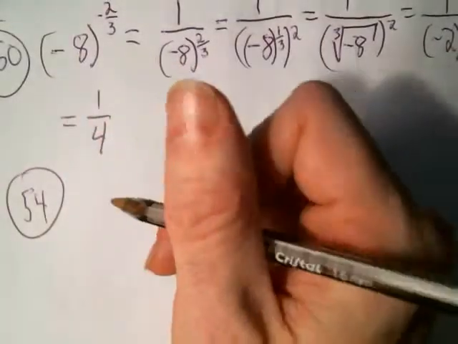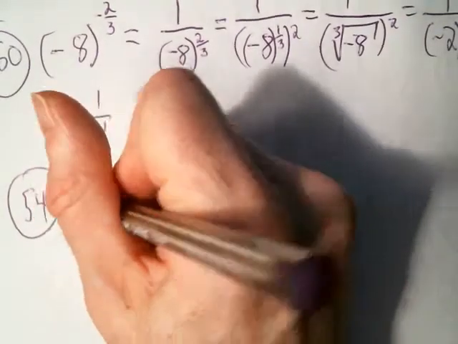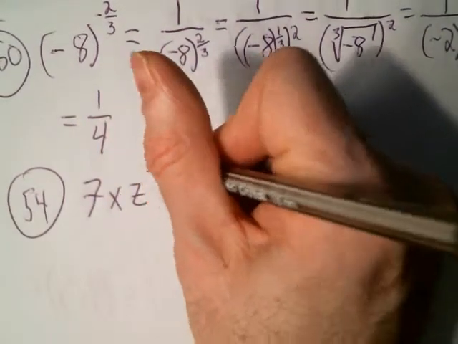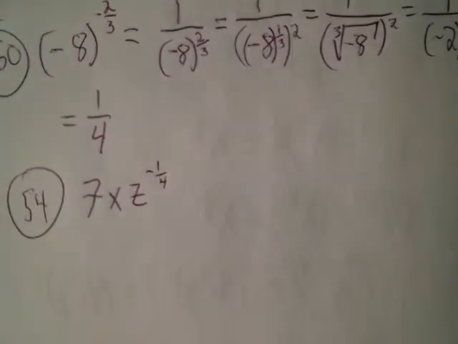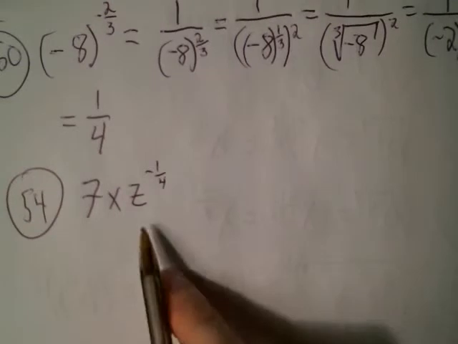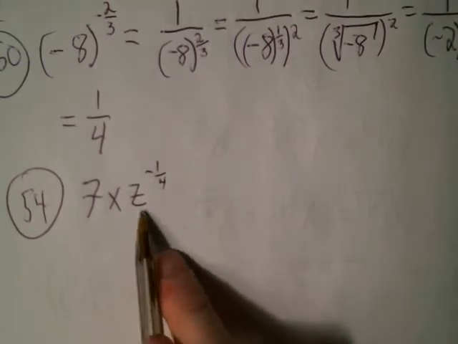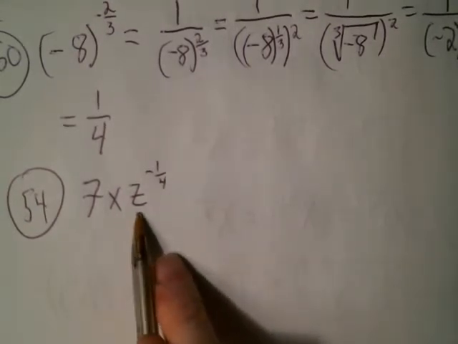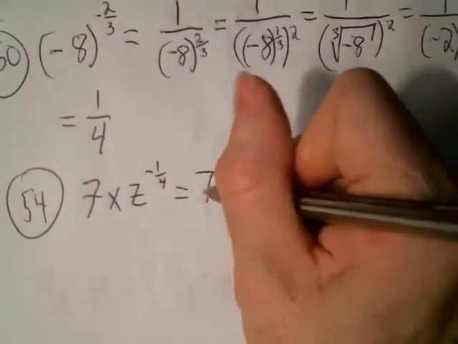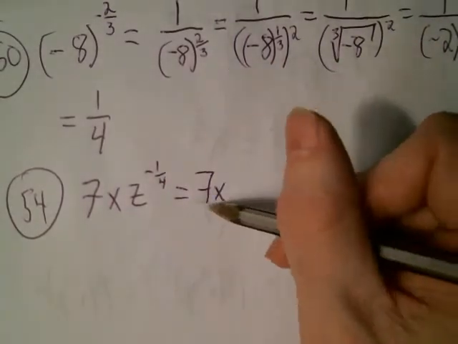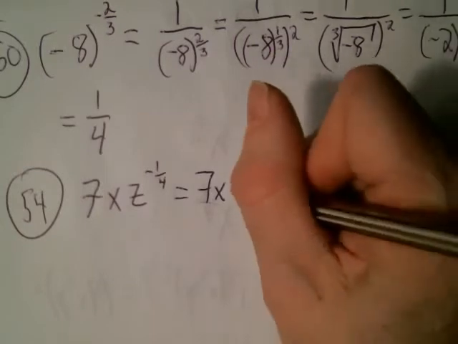Let's try 54. 7xz to the negative 1/4. So the only number affected by the negative 1/4, the base of that is right here. It's the z part. So when I rewrite it, you can either automatically drop it to the denominator, or you can write it like this.